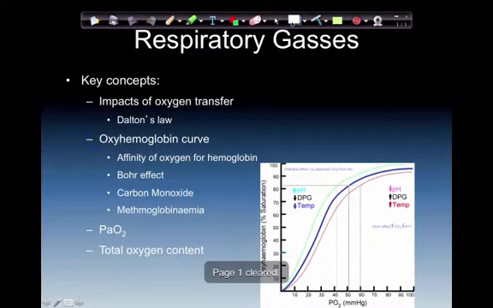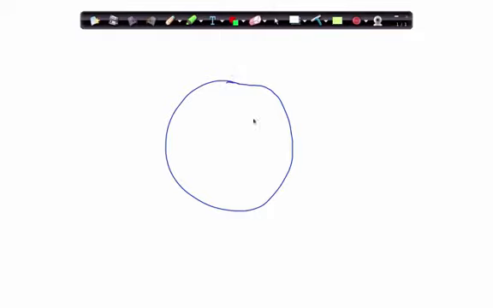I'm going to erase this and kind of explain. I like to look at Dalton's Law like Dalton's gang. What that means is that we only have so much of an air sample to begin with. And then each one of the gases that are in the atmosphere divvy this up. Now, we know we have 21% oxygen in the normal atmosphere.